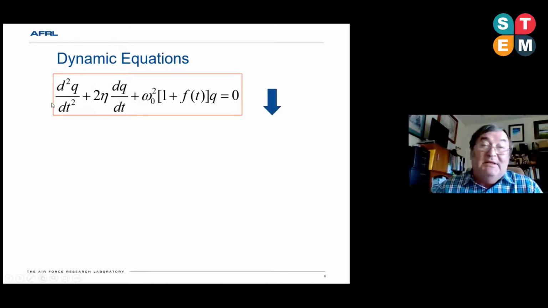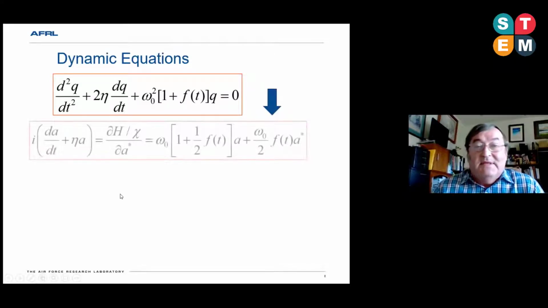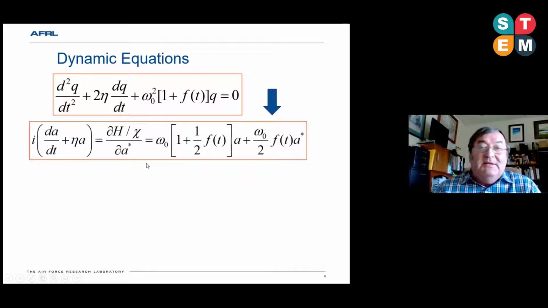Usually we deal with a second order differential equation. The analysis of this equation is pretty complicated and cumbersome, and we can consider only several parametric resonances. But in the case of complex variables, we have not this second order equation, but a first order equation.